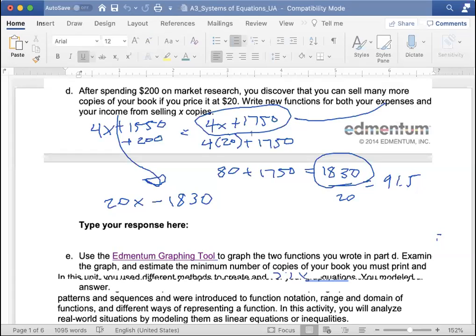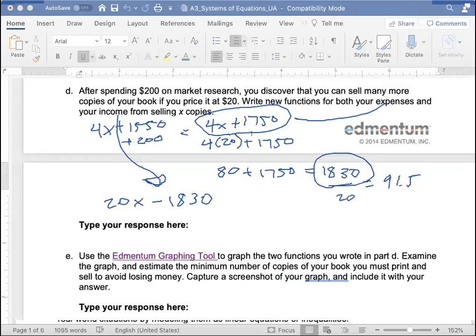I'm going to use a different tool called Desmos, which should be similar. And let me share.